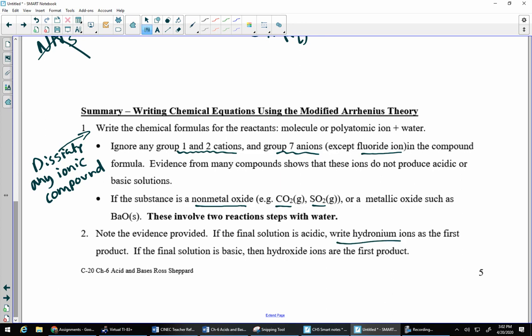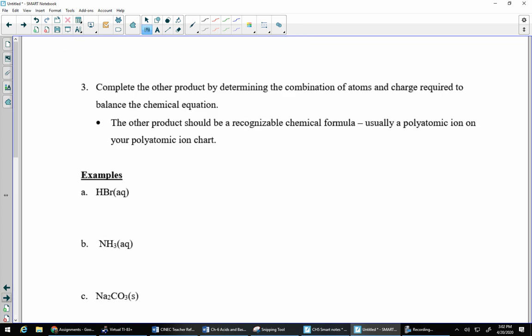If it makes a base, one of them is going to be hydroxide ions. We're going to be able to take this one step further actually. We want to be able to predict which ones are going to form acids and which ones are going to form bases. Sometimes that's just about impossible, but sometimes it could be one, or the other, or potentially both. We'll look at that as we go through.